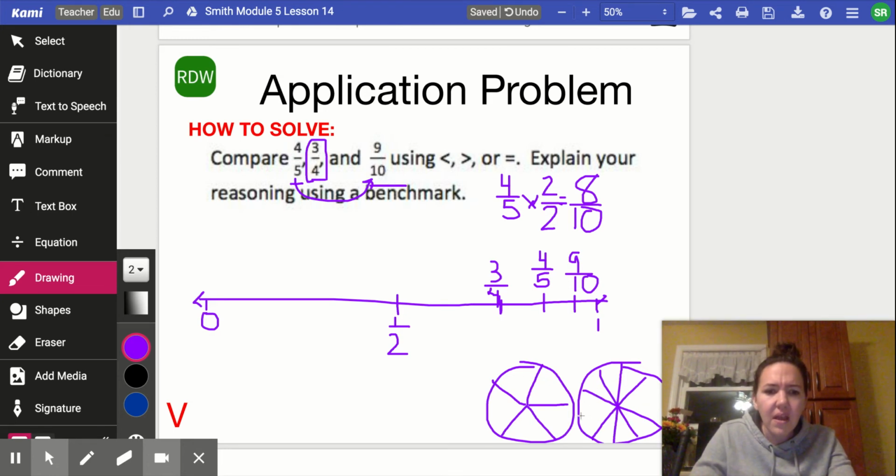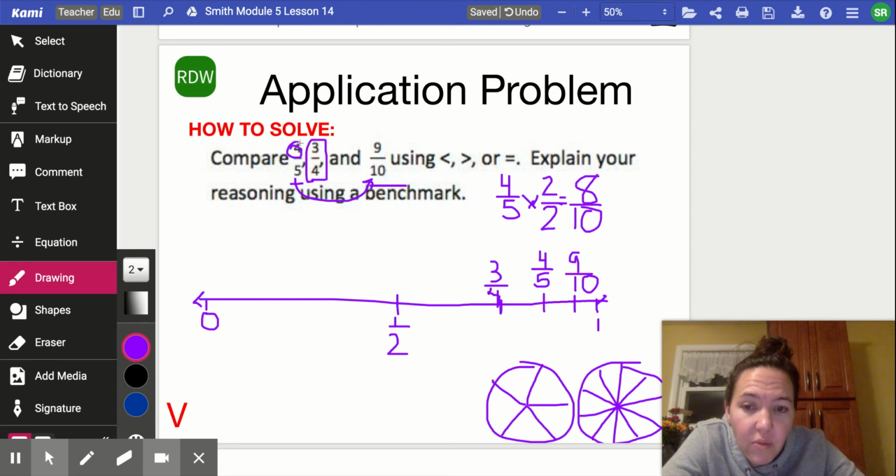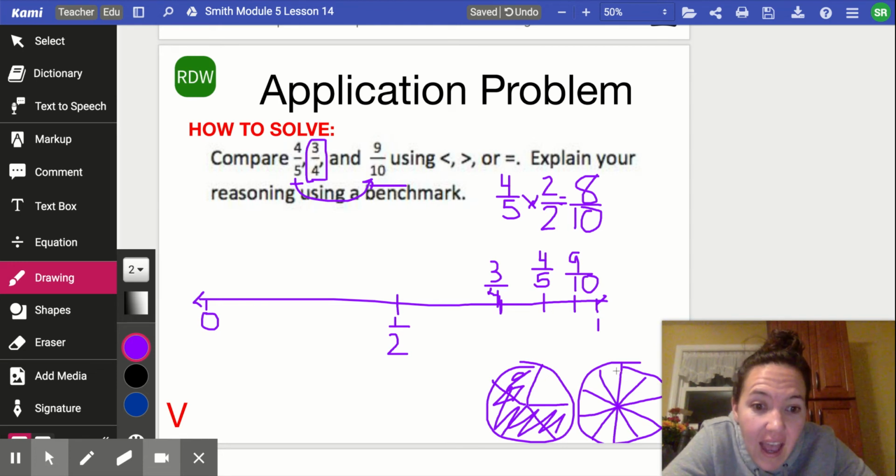All right, so I looked at these 2 fractions and I thought, well, 4/5 is just 1 away from a whole of 5/5, and 9/10 is just 1 away from a whole of 10/10. But look at these cakes. 4/5 is this much, right? That's still a lot of cake, but look at when I have 9/10.